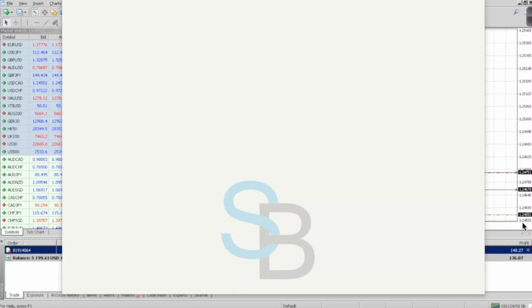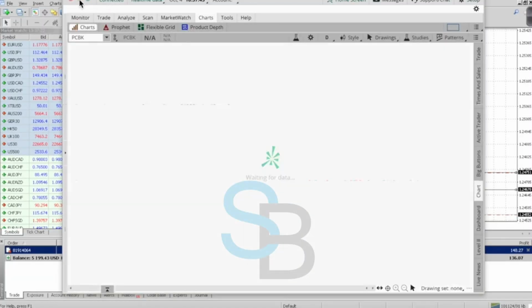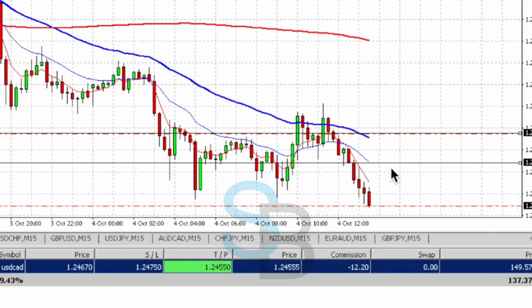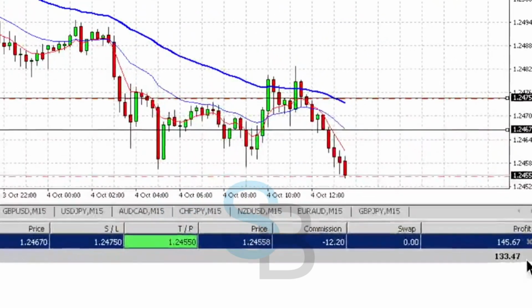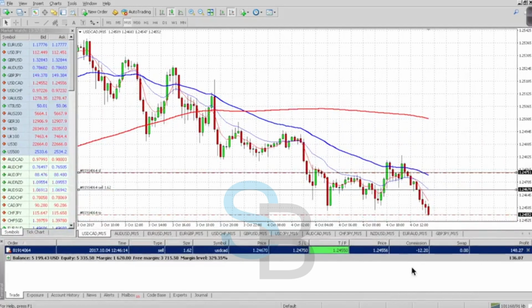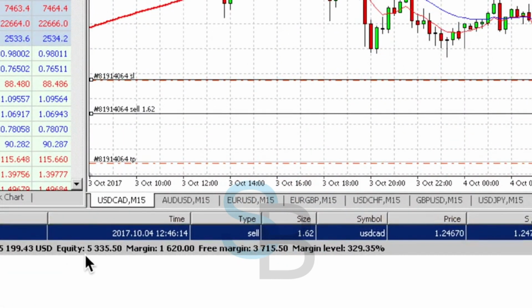All right, so as you can see, the price has just hit our target price. So you can see it's highlighted TP. All right, and maximum profit $145 out of $5,100 that we started with just now. So our equity has grown from $5,100 to $5,335.